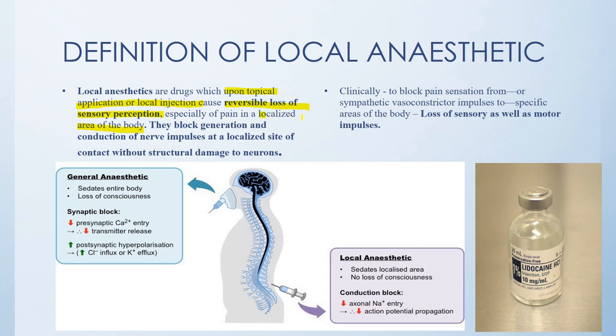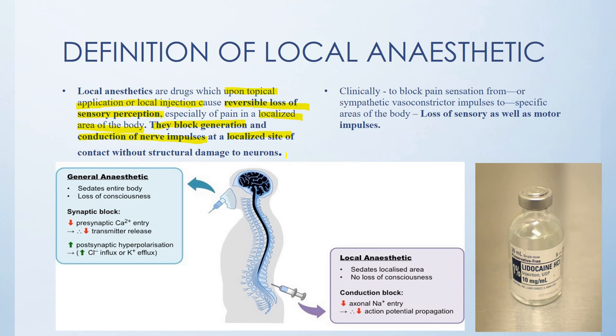This is very, very important. So it is said that it is applied either topically or given intravenously, which is causing a reversible loss of sensory perception. What do they do? They block the generation and conduction of nerve impulses at a localized site of contact without structural damage to neurons.